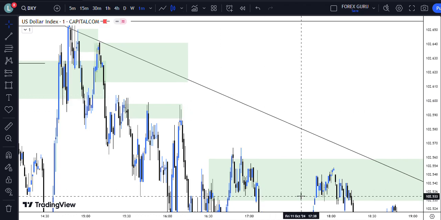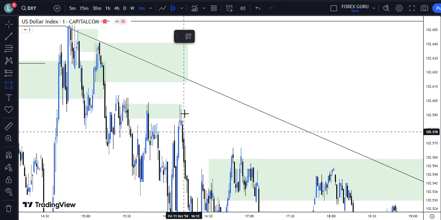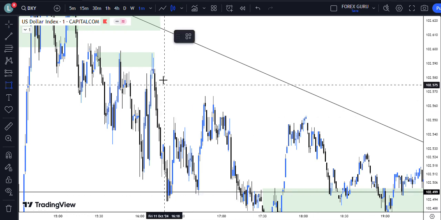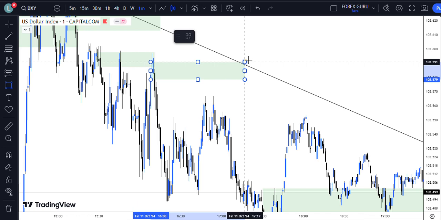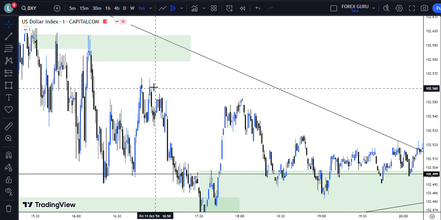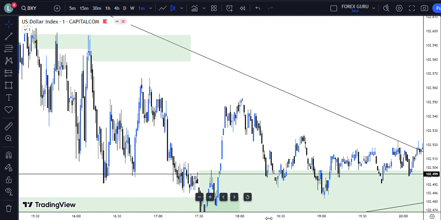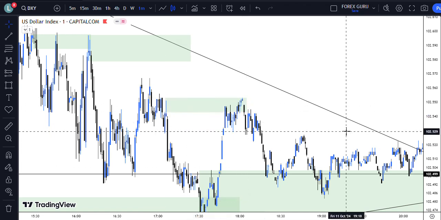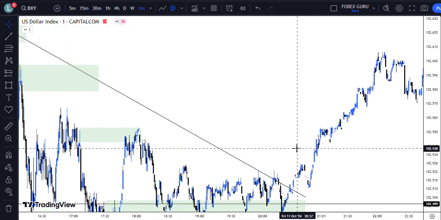Okay, this one is not even mitigated, and here there was another supply zone that was formed, and the price was not even able to mitigate the zone. And looking here, this one was mitigated, and this one was mitigated, and the price went up.